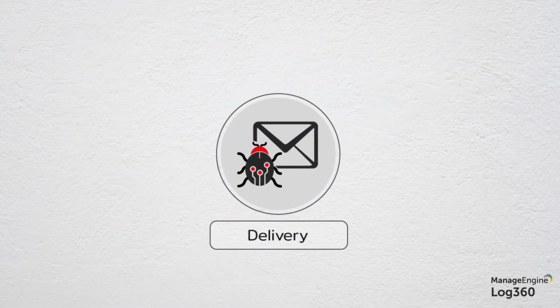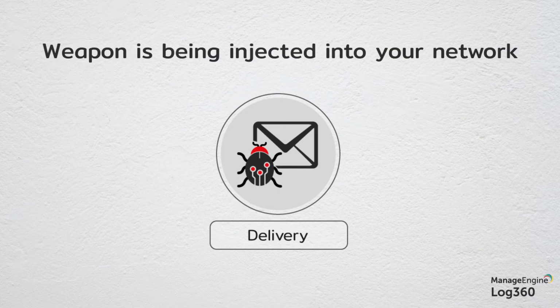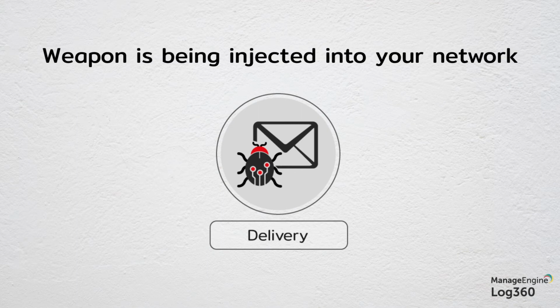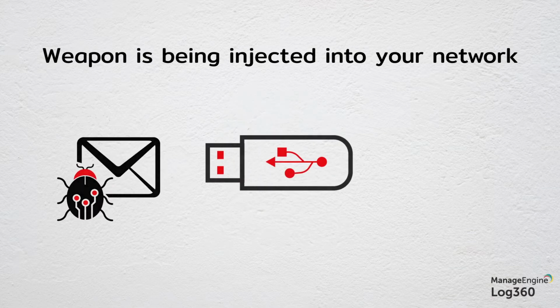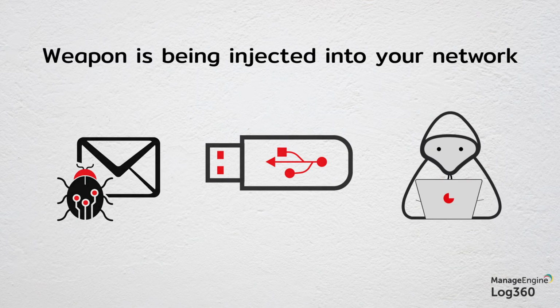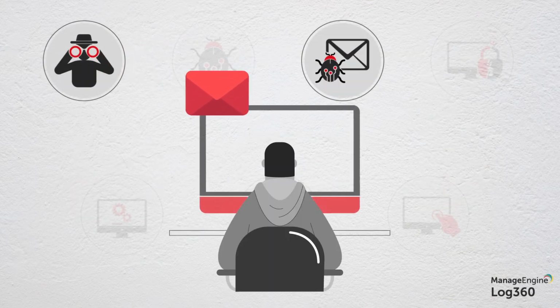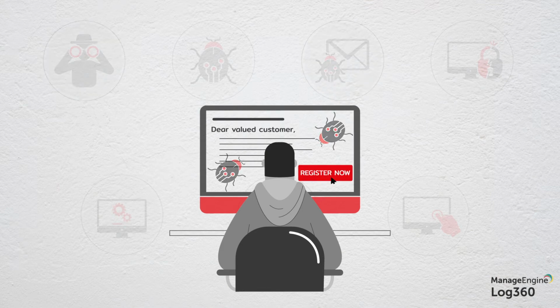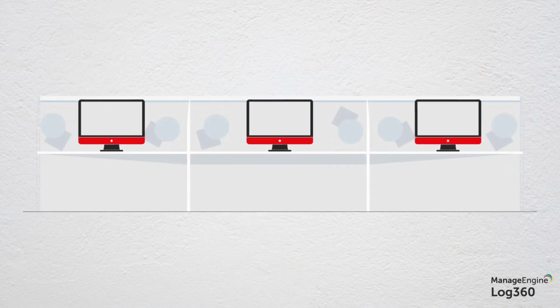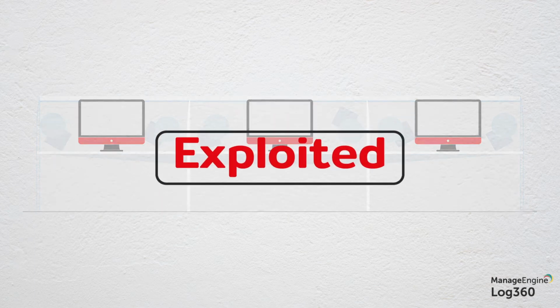Delivery. At this stage, the specifically designed weapon is injected into your network. This can be done using various techniques, such as phishing emails, through a USB device in the case of an insider threat, and more. The inferences gained during the reconnaissance stage on user behavior help attackers craft legitimate phishing emails. At this stage, the attackers try to exploit public-facing systems and servers by sending malicious codes.